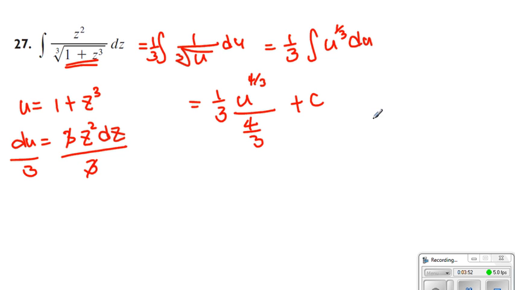Now then what we end up getting here is 1 over 4 when you combine these two things together, and in place of u we have 1 plus z to the third power, to the 4/3 power. Notice this 3 and these two 3's, they don't cancel out because of the 1. We have two terms. Plus c becomes our final answer.